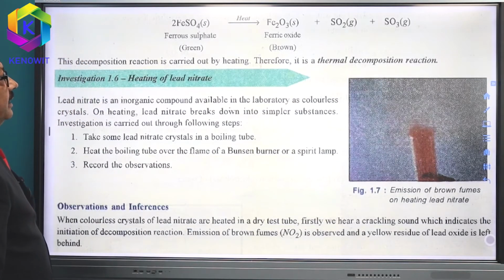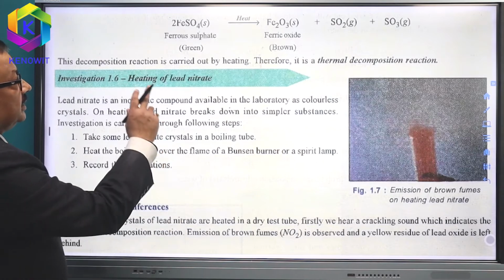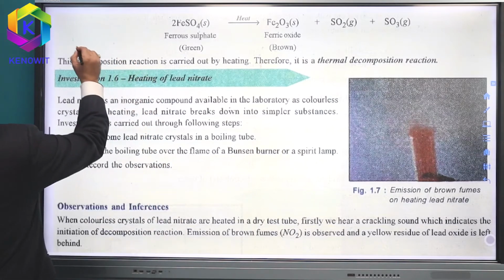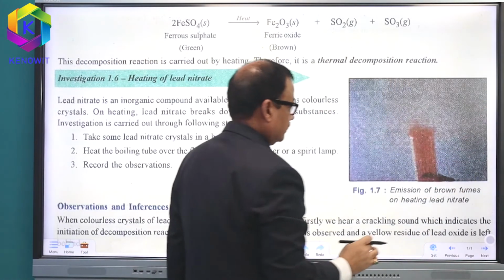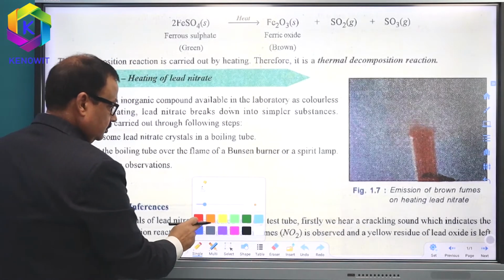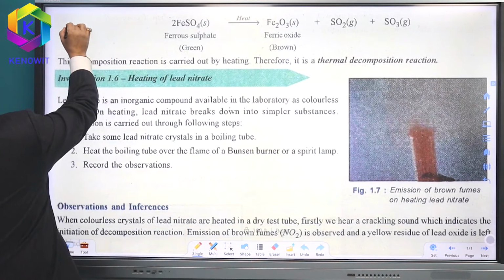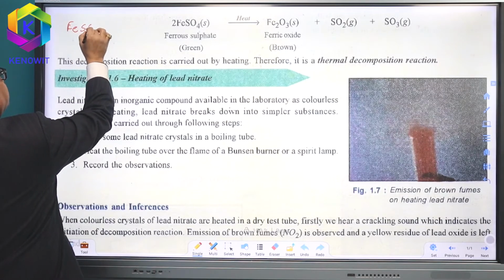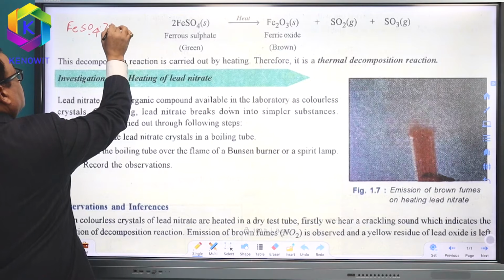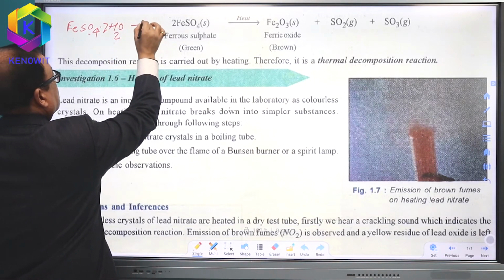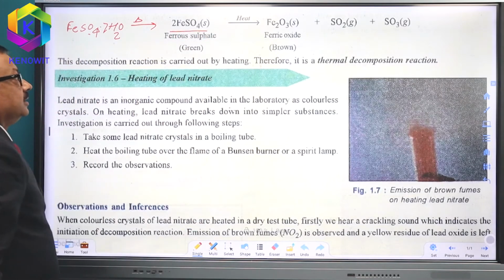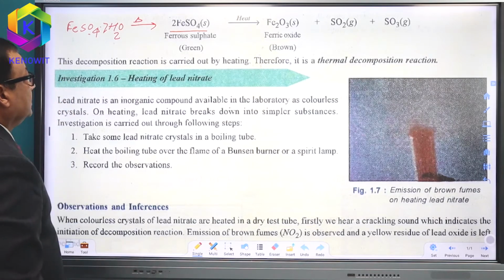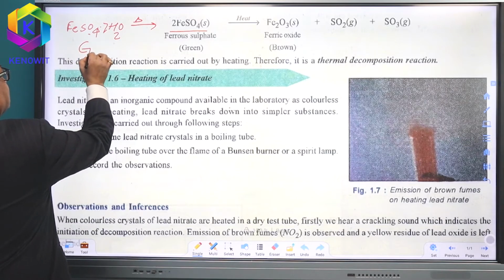So ferrous sulfate, FeSO4, is converted into Fe2O3. First of all, in this reaction, FeSO4 dot 7H2O on heating gives ferrous sulfate, and ferrous sulfate on further heating gives ferric oxide, which is brown in color, and this one is green in color.